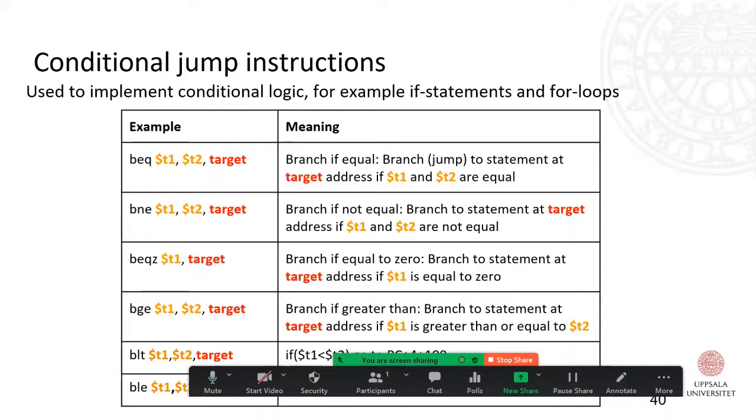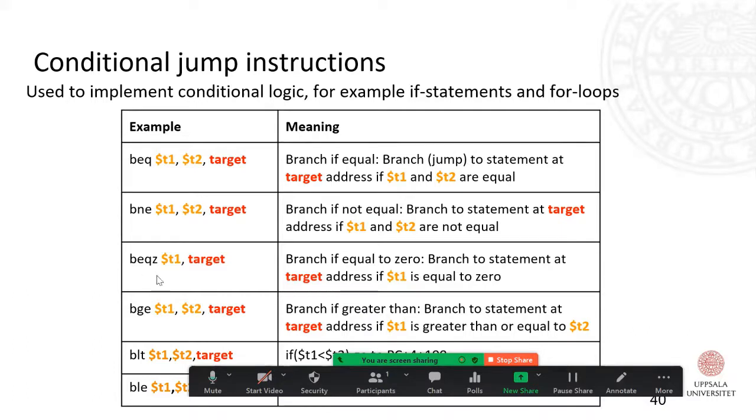Branch if equal takes two registers to compare with each other. If they are equal, it will jump to the target. The target can be a label in the program, or an address, etc. This one will branch if not equal.